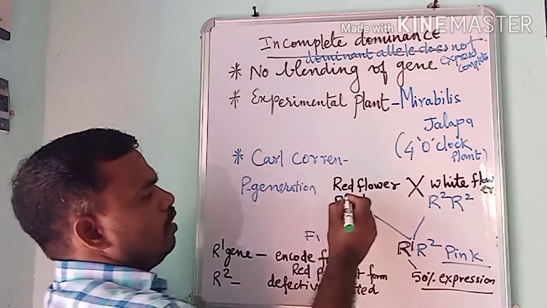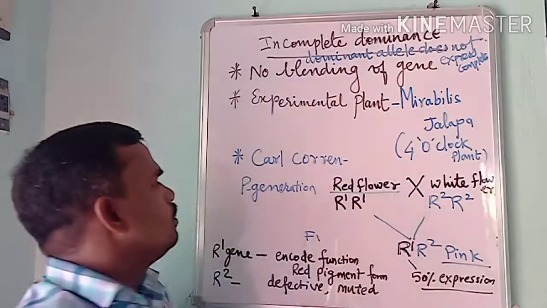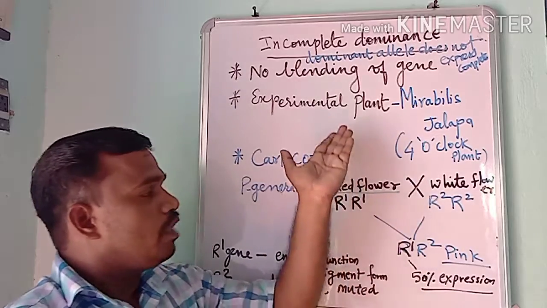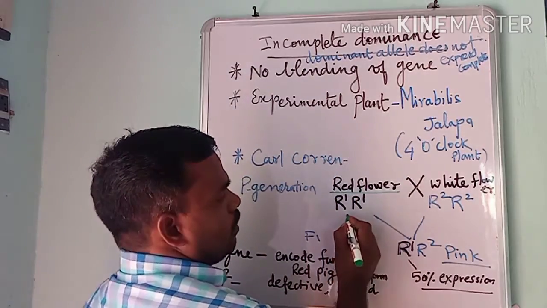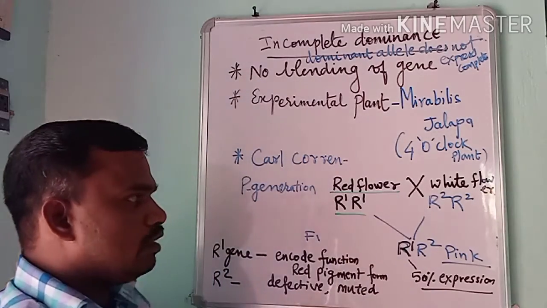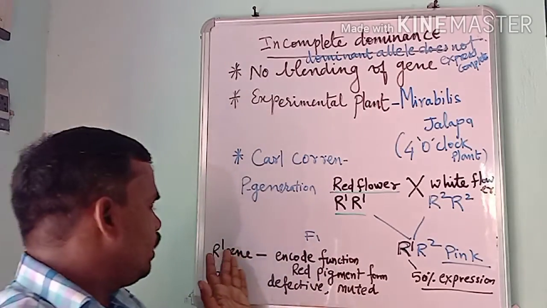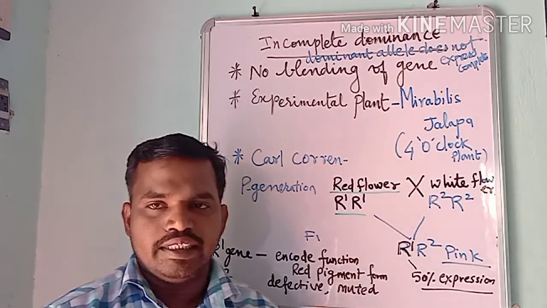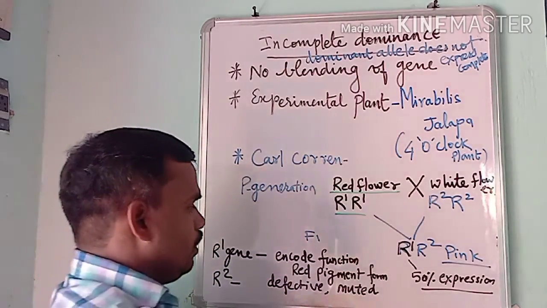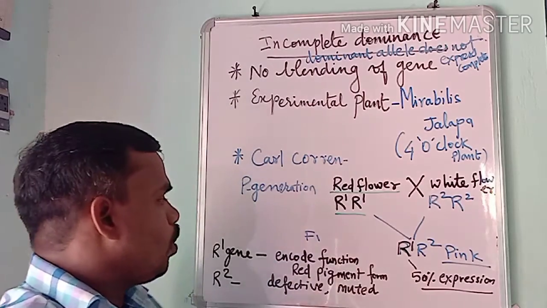This is the parent generation of Mirabilis jalapa. It has the alleles R1 and R2. The R1 gene is responsible for encoding the functional formation of red pigments. R2 is defective and mutated.